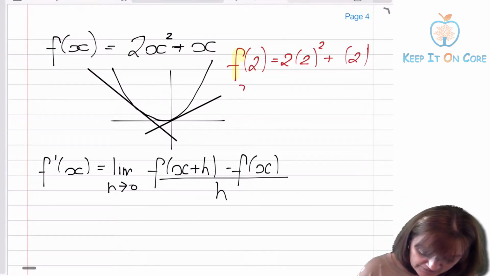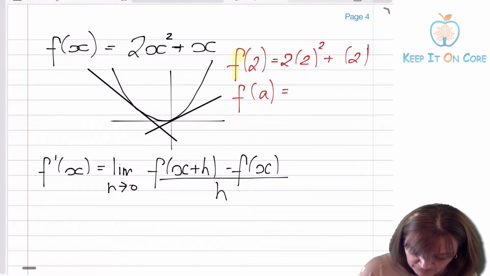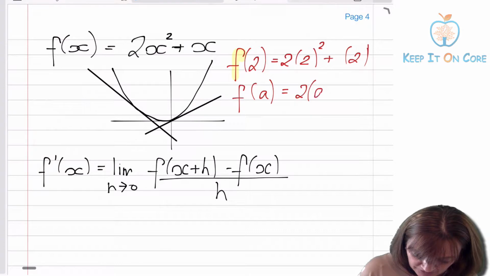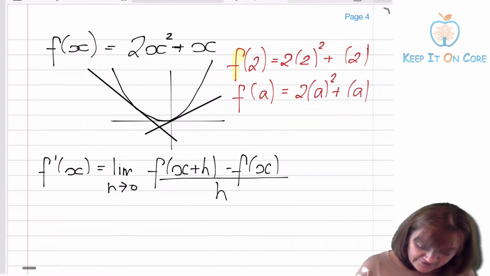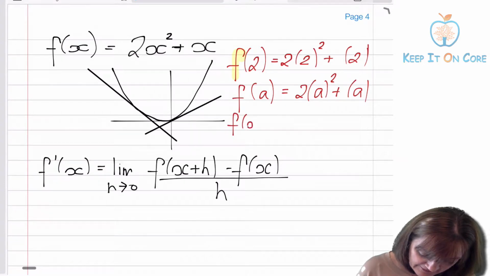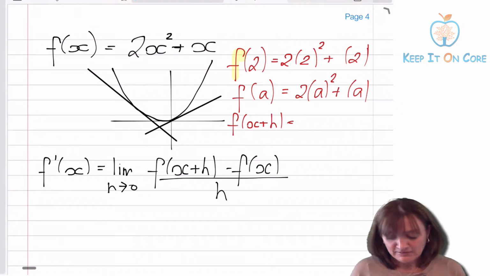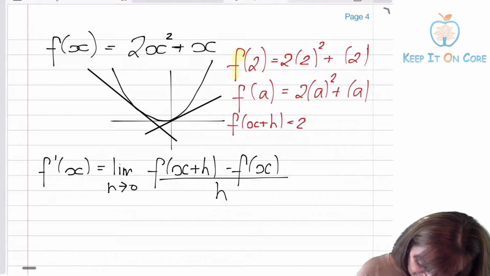If I said to you, what's f of a? Well, similarly, we would take the same equation, and everywhere you've got an x, we would just replace it with an a. So therefore, if I said to you, what is f of x plus h? Wouldn't we be doing exactly the same thing? I'm going to take the equation, but everywhere I've got an x, I'm going to replace it with x plus h.